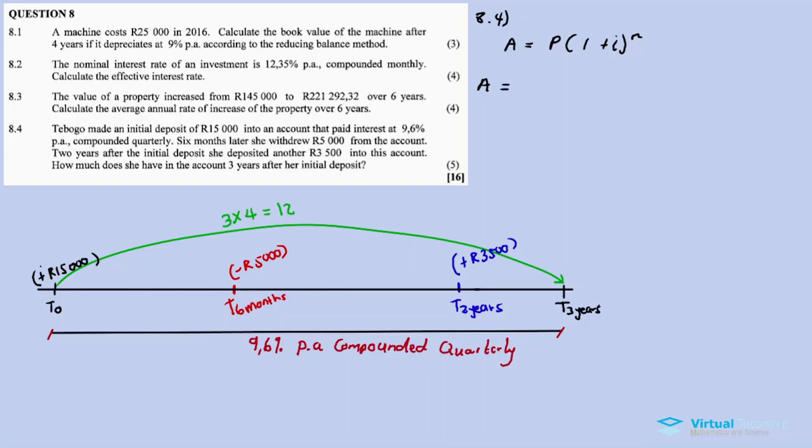So bheka ke manje lana sizothi for the 15,000 rand, 15,000 rand in bracket 1 plus 0.096 divided by 4 raised to exponent bani 12, since it's compounded quarterly, right, for a period of 3 years.